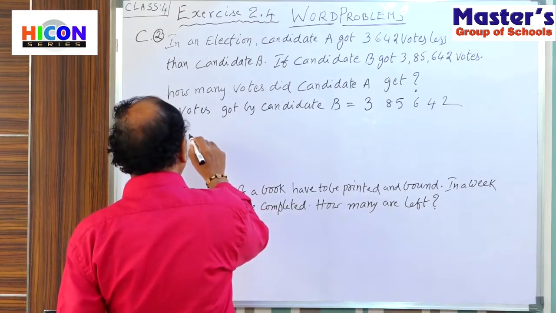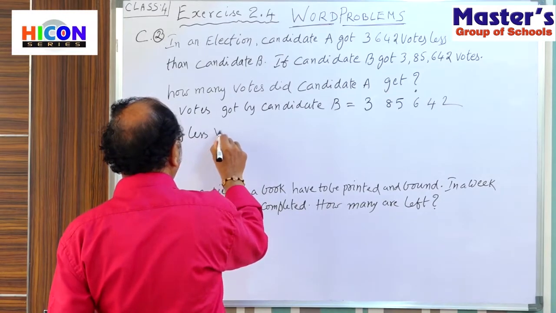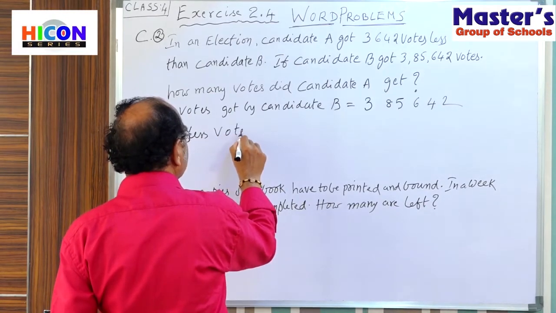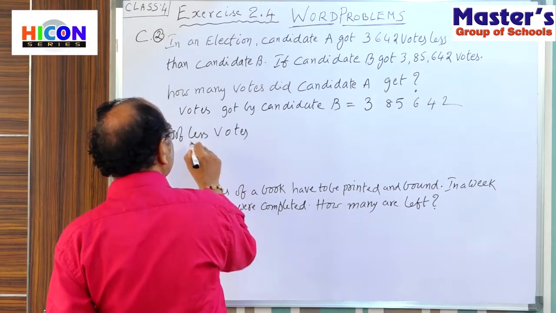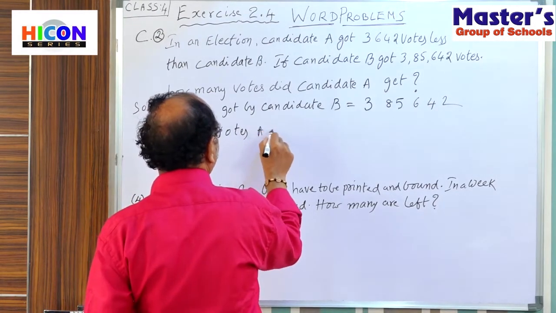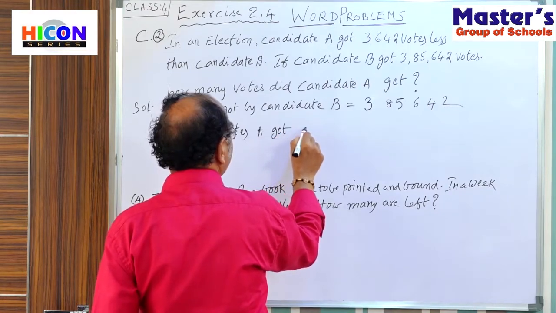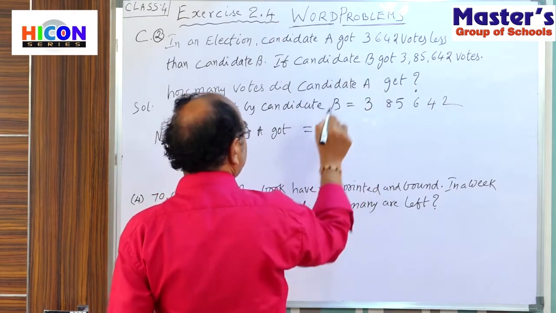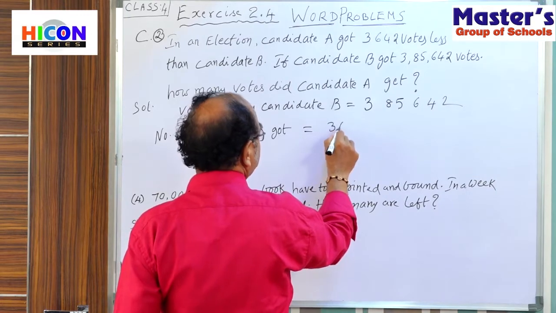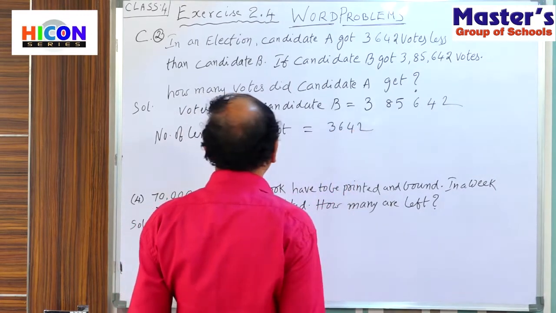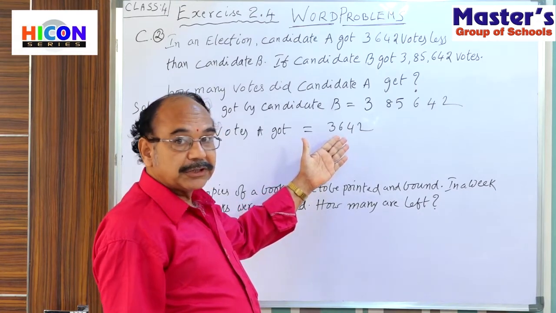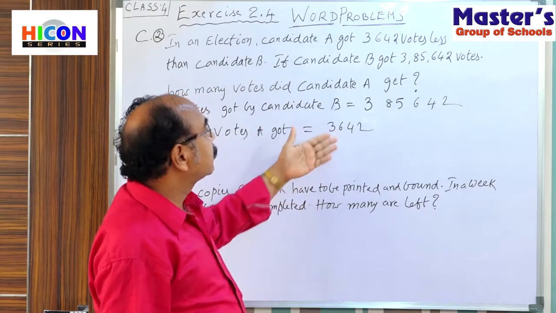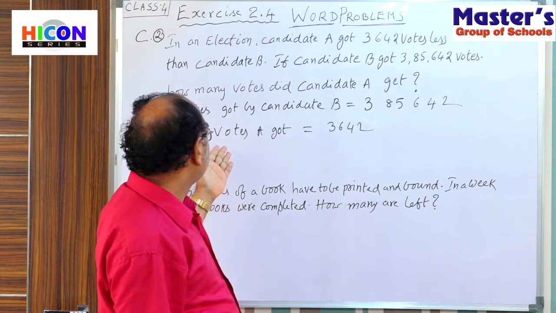So, number of less votes A got is equal to 3,642. So, 3,642 less votes A got.